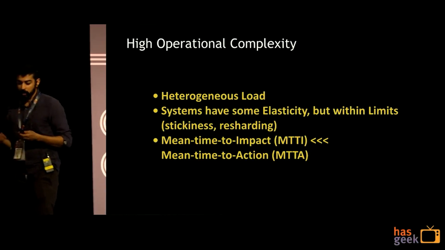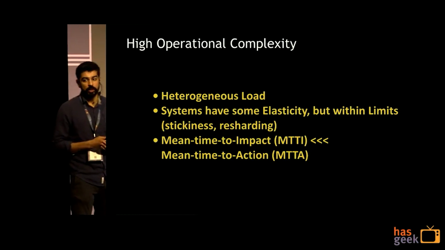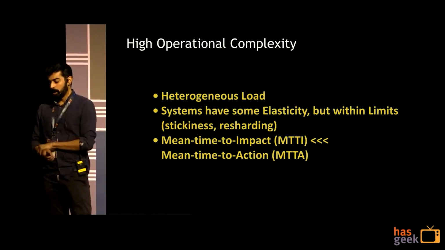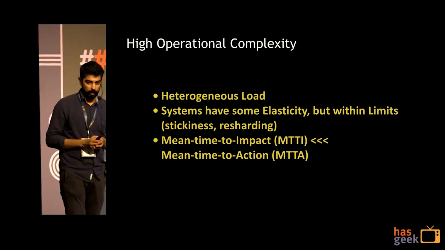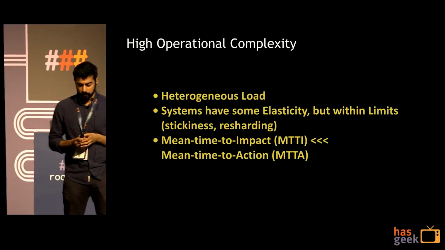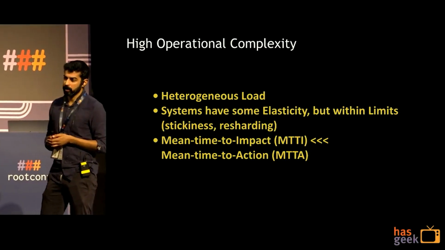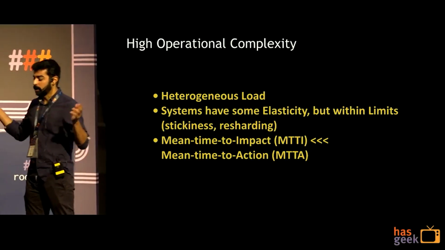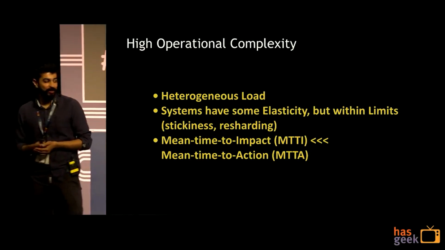The other thing with this kind of system is that even though load is heterogeneous and even though we can provision for high peak loads, whatever elasticity systems do have tends to be within a certain limit. The limits might be more prosaic, in terms of cost: you can't spend on an infinitely elastic cloud, and you can't auto scale from 50 to 1,000 instances because you just don't have the money for it.